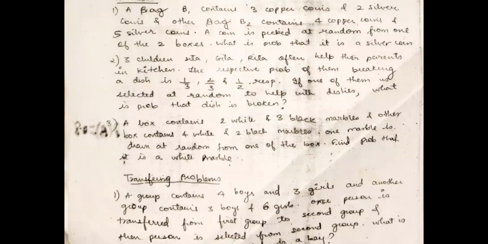It is the same as the first question. Instead of coins, now they are marbles. The first box contains 2 white and 3 black marbles. The second box contains 4 white and 2 black marbles. Now one marble is drawn from one of the boxes. So now you don't know which box was selected. Find the probability that it is a white marble.